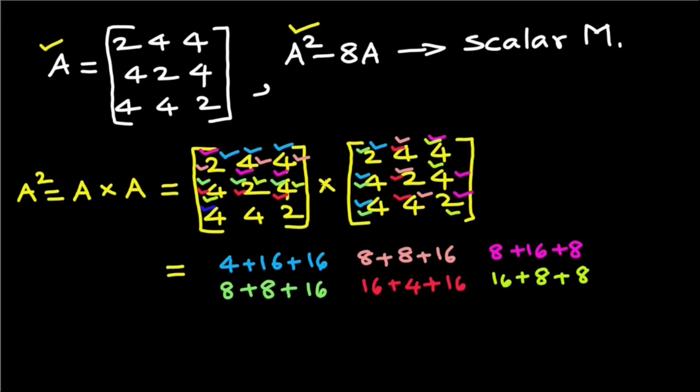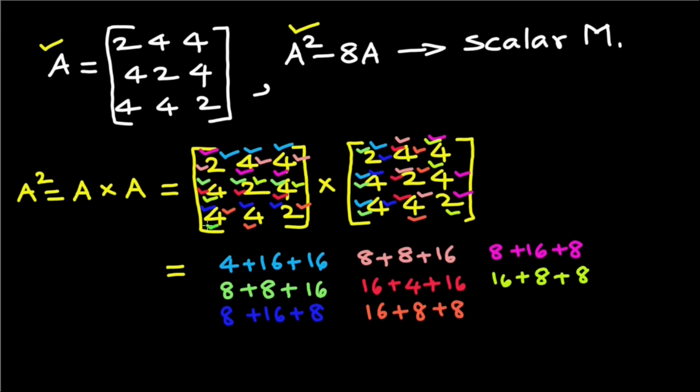Now 4 multiplied by 2, 8, 4 multiplied by 4, plus 16, 2 multiplied by 4, 8. Next 4 multiplied by 4, 16, plus 4 multiplied by 2, 8, plus 2 multiplied by 4, 8.